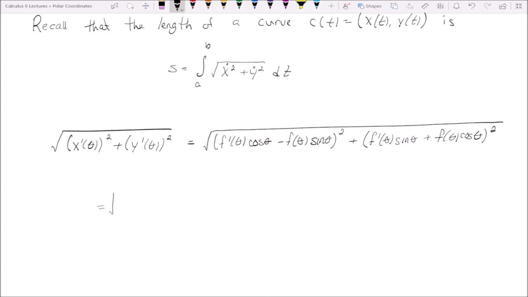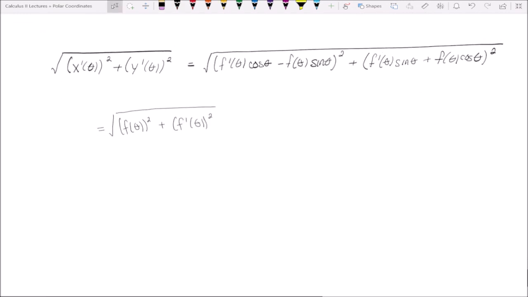It'll be left to the viewer to verify this algebra, but we'll be left with f of theta squared plus f prime of theta squared, which leads to this result.